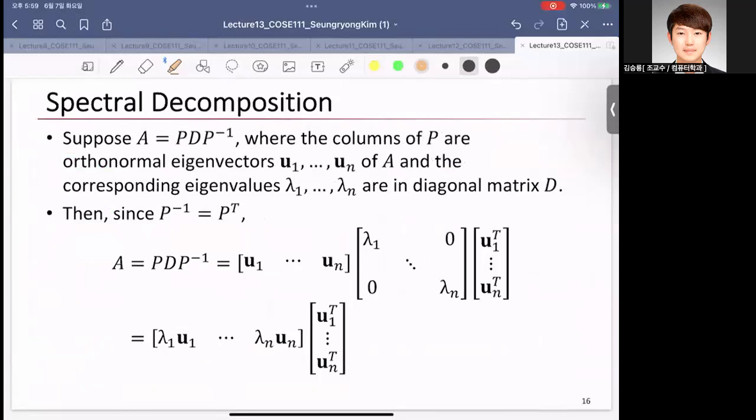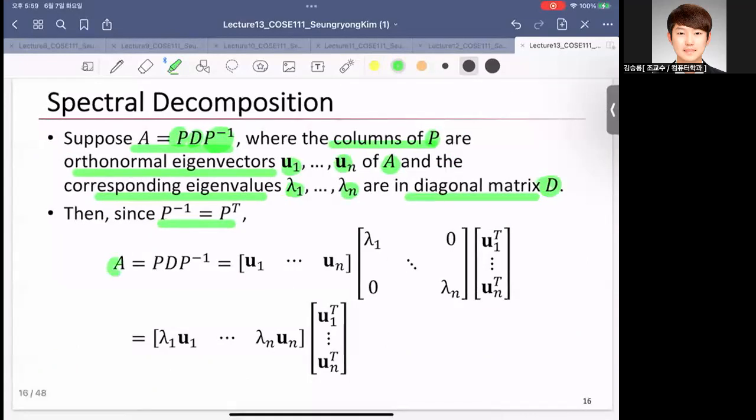In other words, suppose that matrix A equals PDP inverse, where the columns of P are orthonormal eigenvectors U1, U2, and so on to Un of matrix A, and the corresponding eigenvalues lambda 1 to lambda n are in the diagonal matrix D. Then, because P is an orthogonal matrix, P inverse is equal to P transpose. 그렇죠?